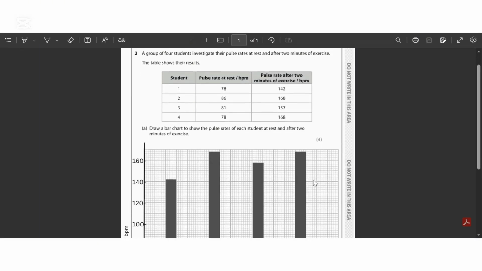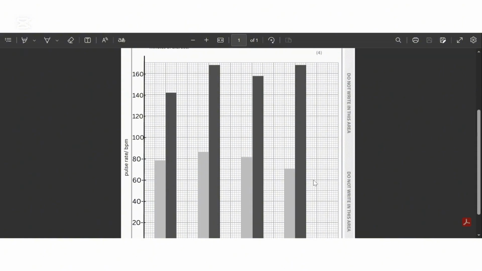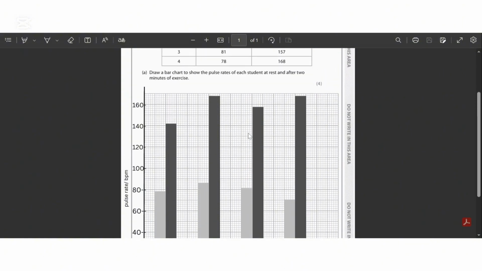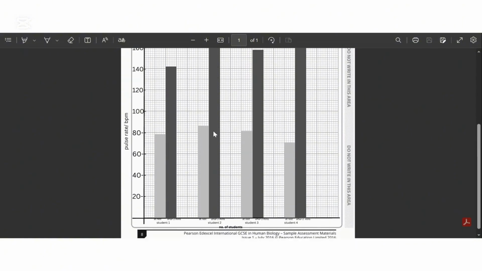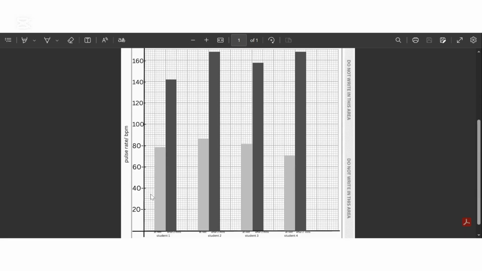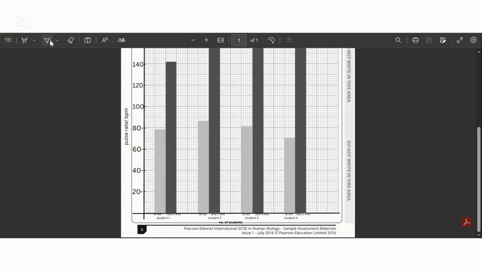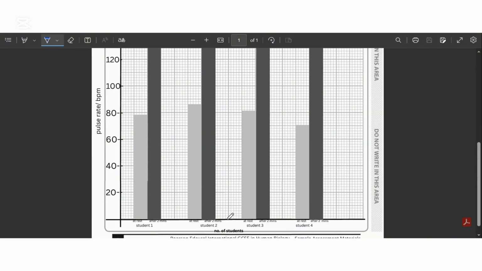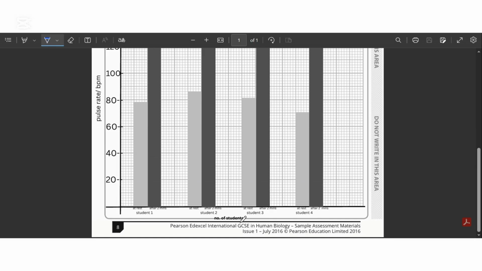So here I have plotted the graph over here. It is a bar graph. Since it is a bar graph, we need to be very careful with the scales. Here I have labeled the x-axis with the number of students, which is the independent variable, and the pulse rate in beats per minute, which is the dependent variable, just changing.